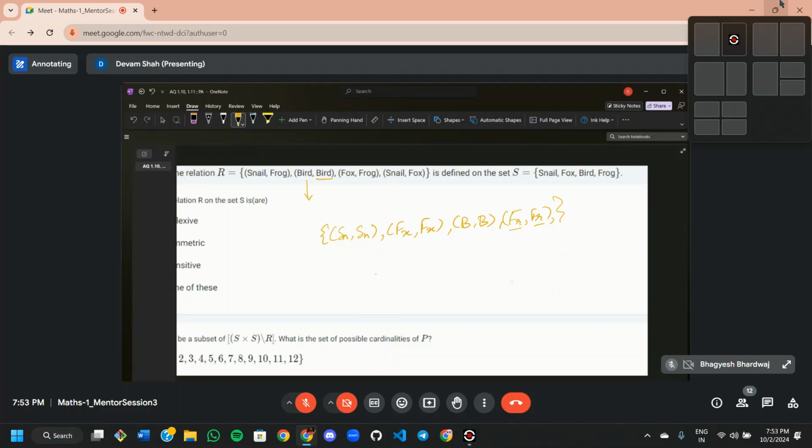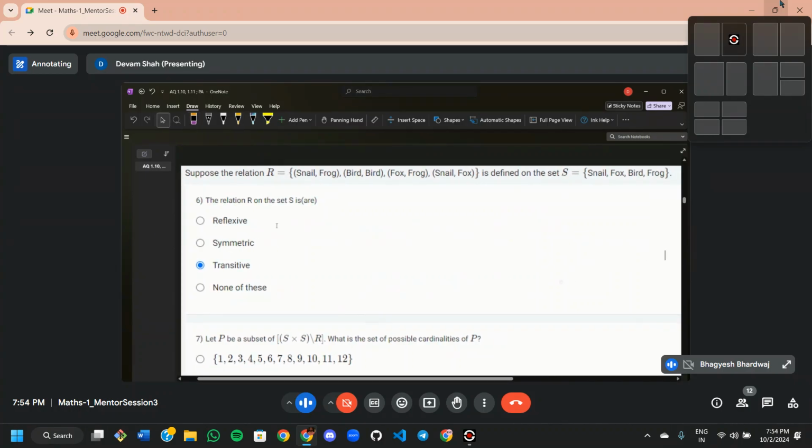But be careful of the other terms, like the individual terms. If extra terms are also there, then it wouldn't be symmetric in the first place. Most probably, yes, symmetric relations are by default transitive, but I'm not sure if it's true completely.